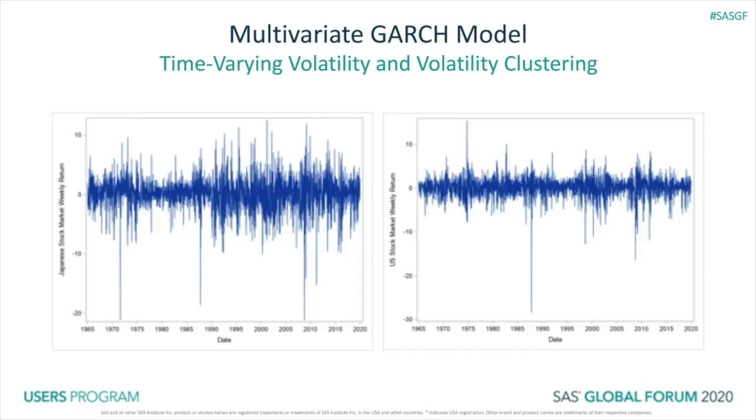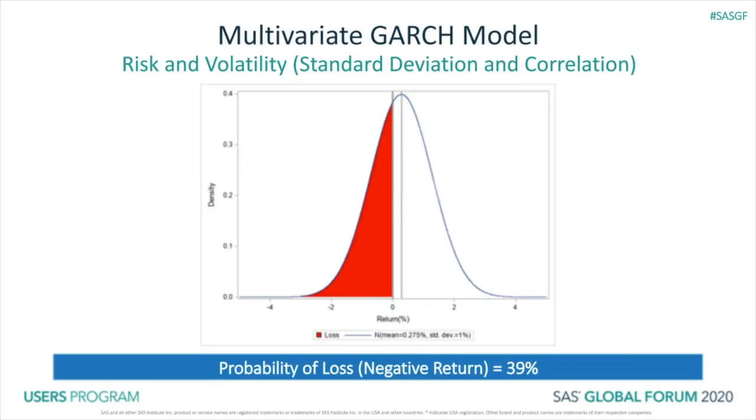But first, let's link risk to volatility. In most cases we use volatility to measure risk, but why? Here is a quick example. Say you are working on an investment, and you invest in a stock. The expected return is a little bit positive, 0.275%, and the standard error is pretty big, 1%.